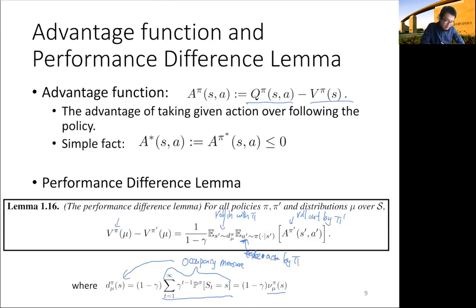And then we normalize it by making it slightly bigger over this factor. To say it differently, the performance difference of these two policies, pi and pi prime, is the same as the state action occupancy measure of pi, taking inner product with the advantage function of pi prime, right? So that gives you the performance difference.